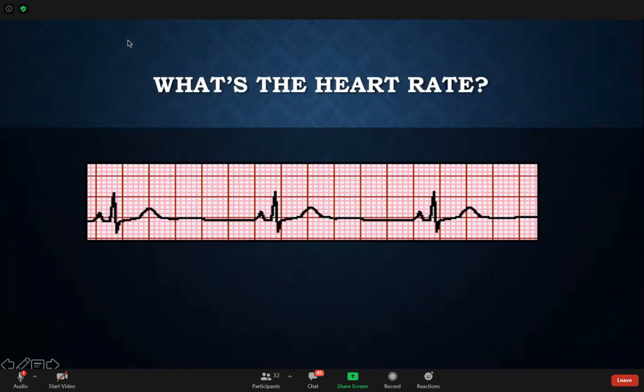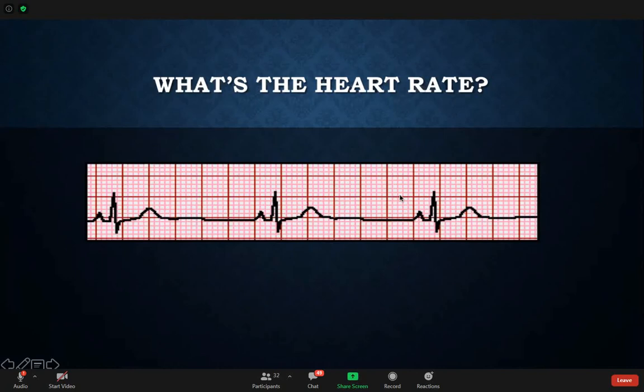I want one of you to tell me what's the heart rate here. You can either unmute or write in the chat. Yeah, let's see. So this is 300, 150, 100, 75, 60, maybe around 50.